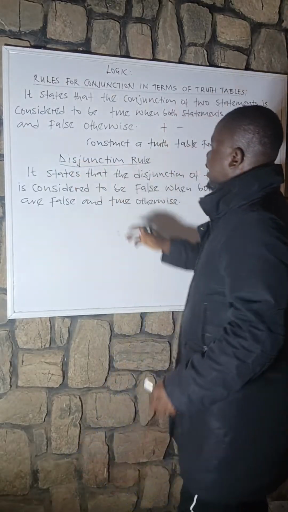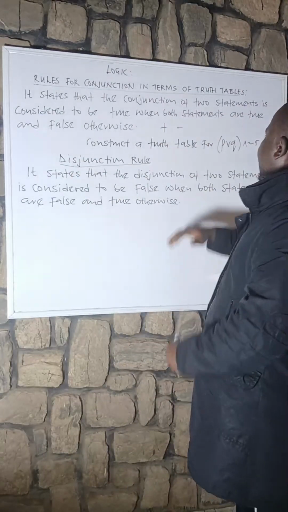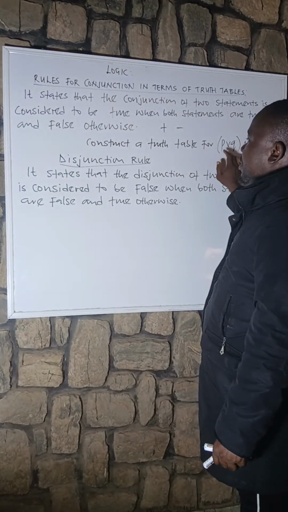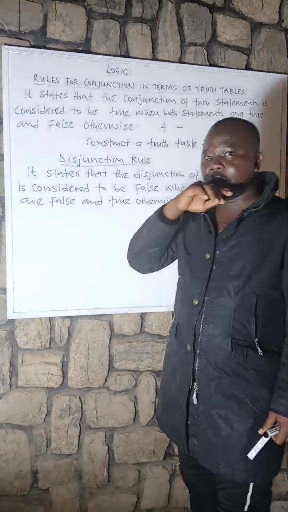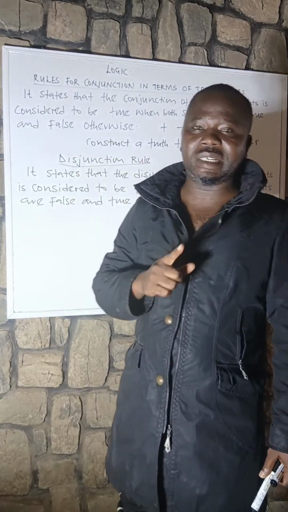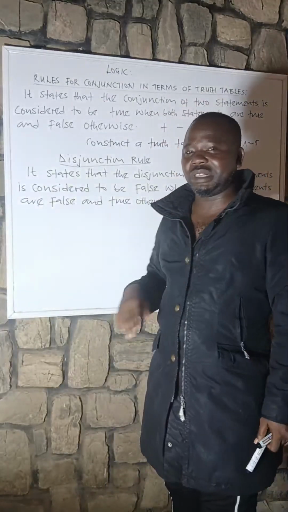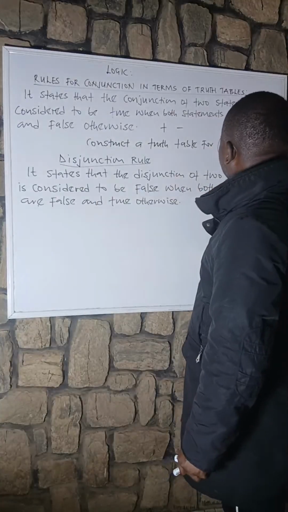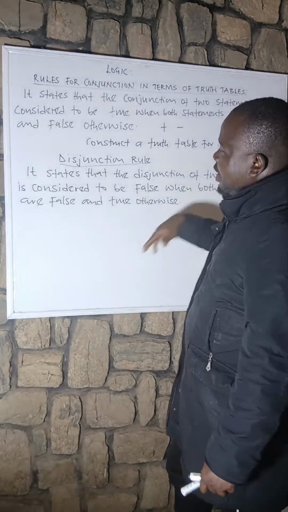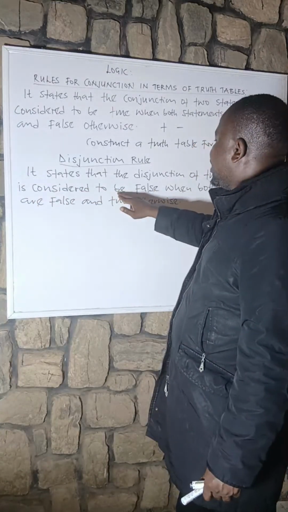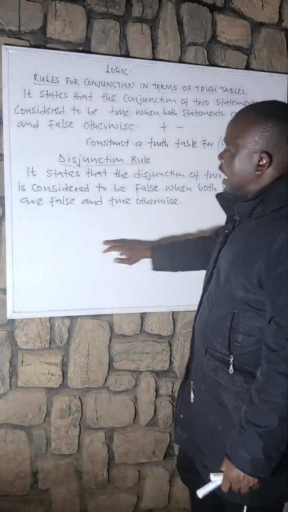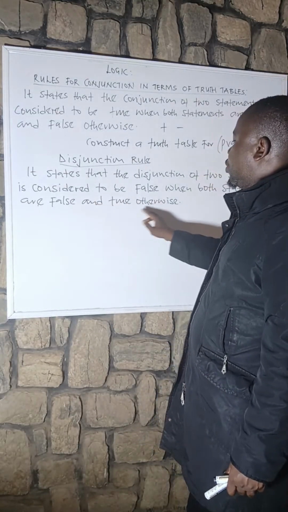I'm breaking it down so that by the time we start constructing this truth table, you will not find it difficult. Is that clear? That is why I'm taking my time to break it down. So here it states that the disjunction of two statements is considered to be false when both statements are false and true otherwise.